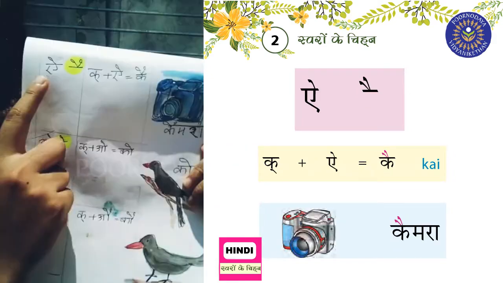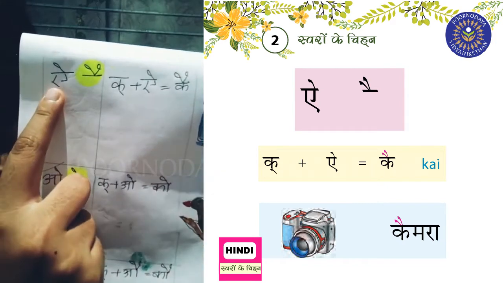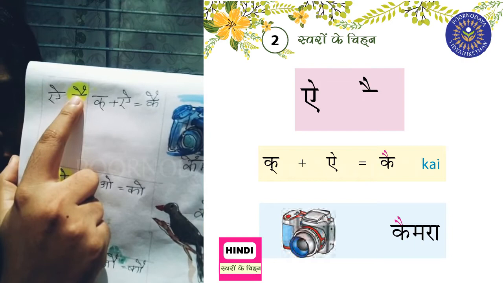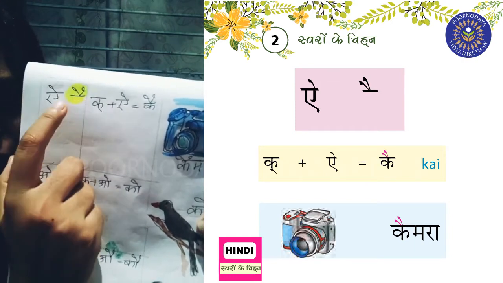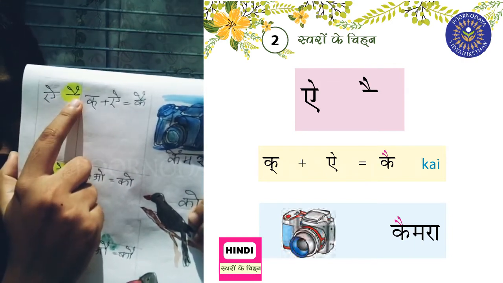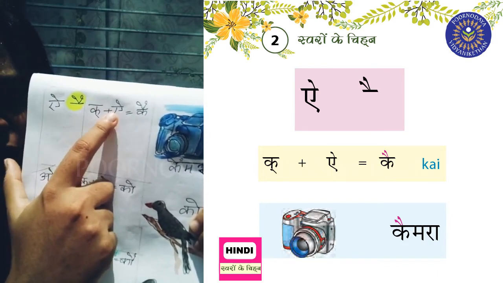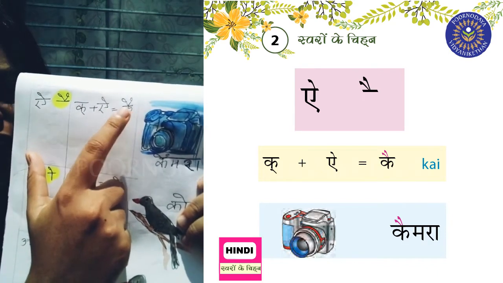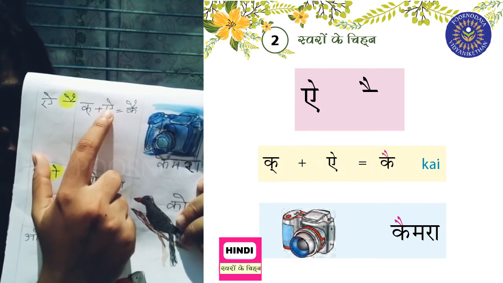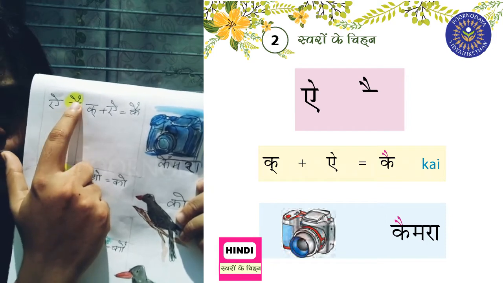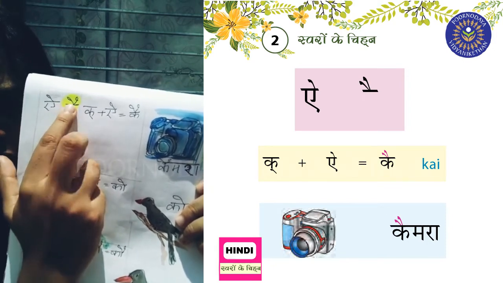Then I. I is written like two flags on top. So K plus I, kai. Because the I swar is replaced with one sleeping line and two flags on top.